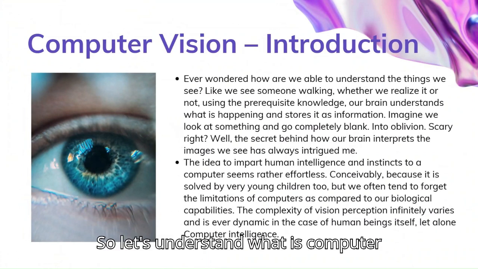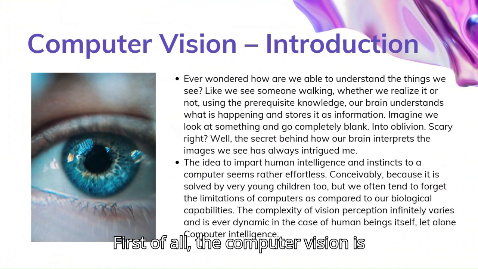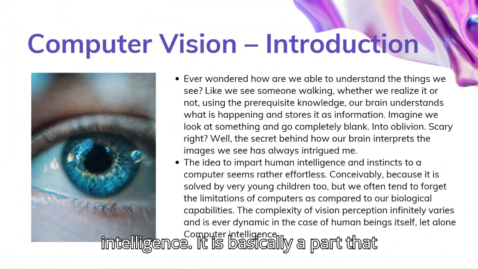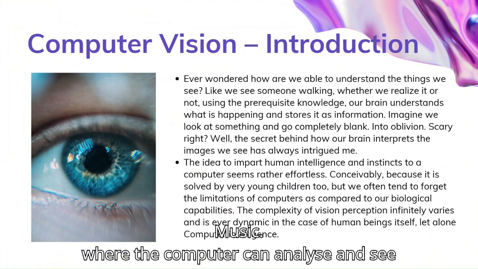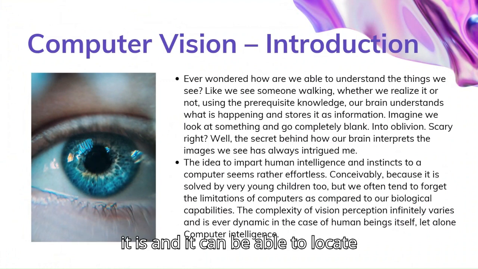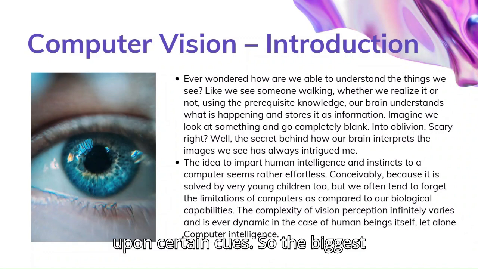So let's understand what is computer vision and why it is required. First of all, computer vision is a subfield of artificial intelligence. It is basically a part where the computer can analyze and see the image and identify what type of image it is, and it can locate certain objects, which is very human, a very human instinct. Basically the part of a human is to identify things and act upon certain cues.